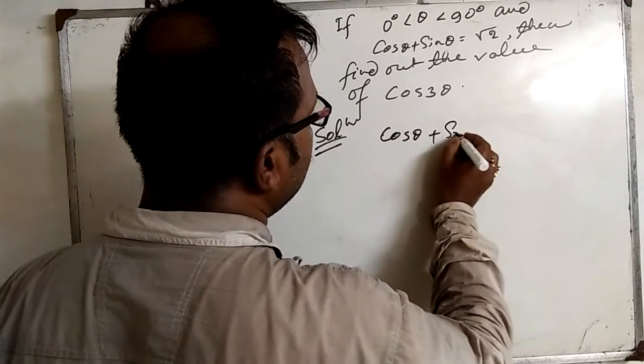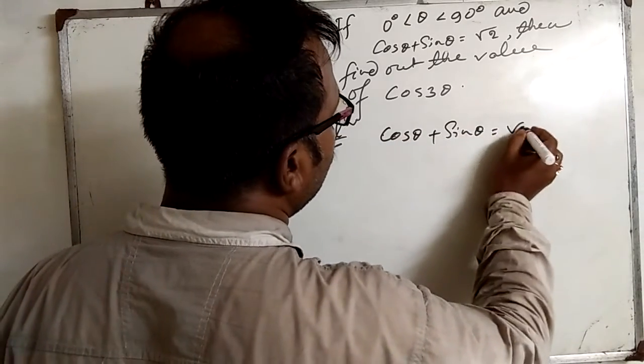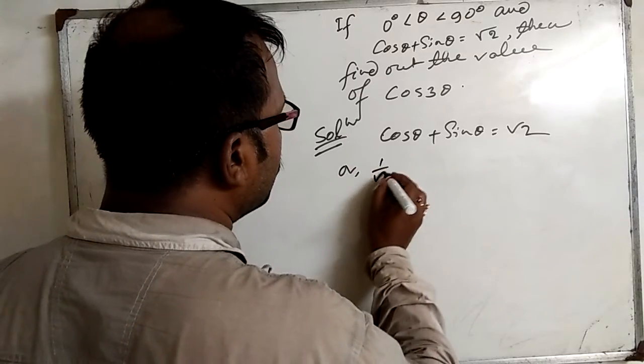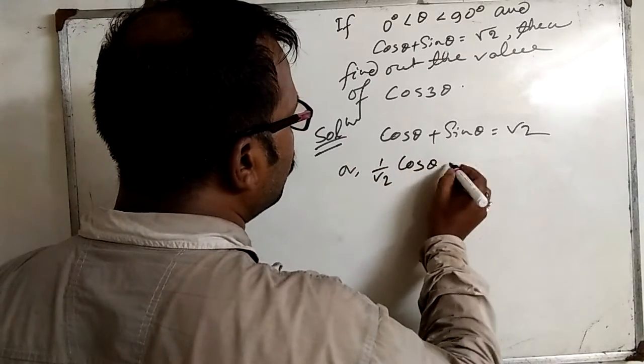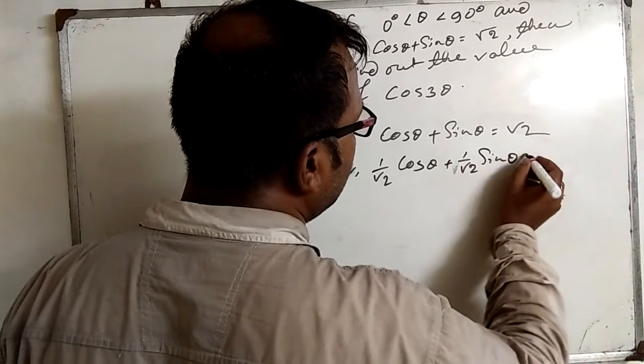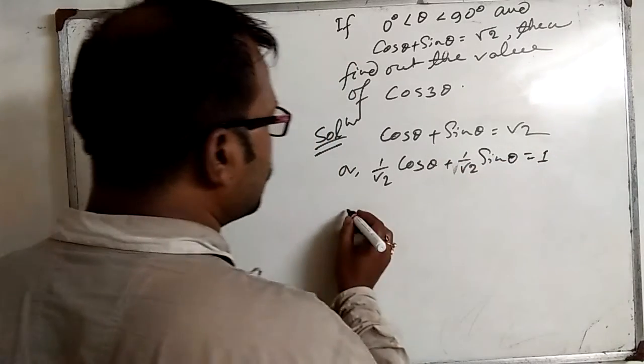Cos theta plus sin theta equals root 2, or we divide root 2 both sides: 1 by root 2 cos theta plus 1 by root 2 sin theta equals 1.